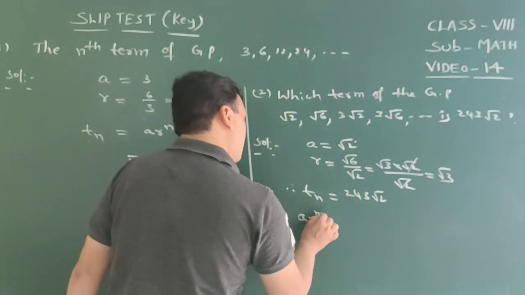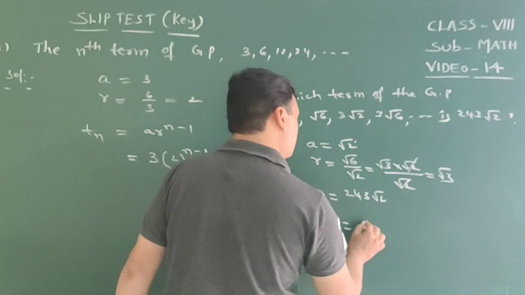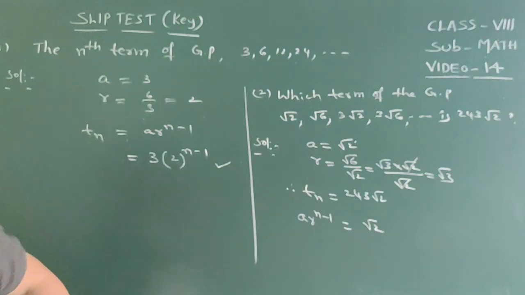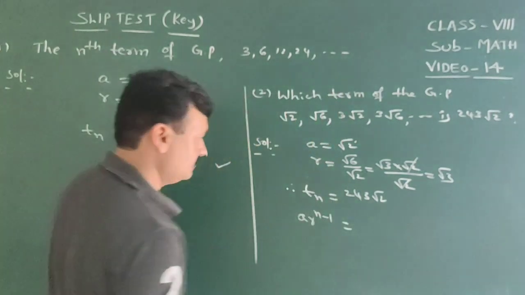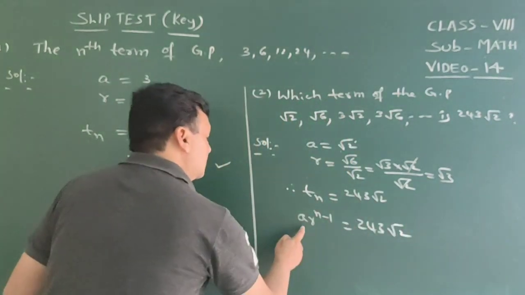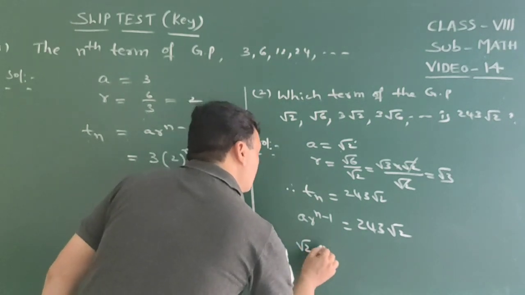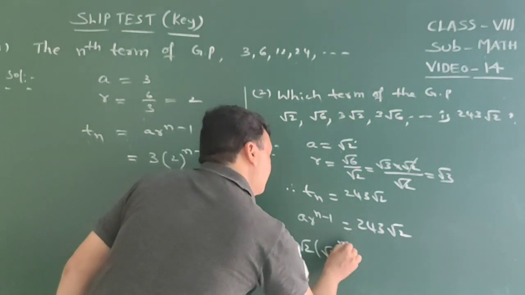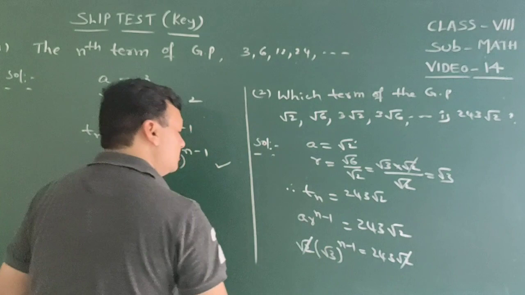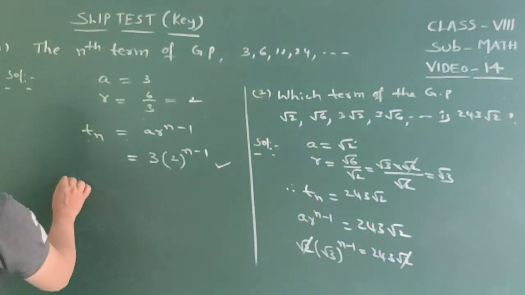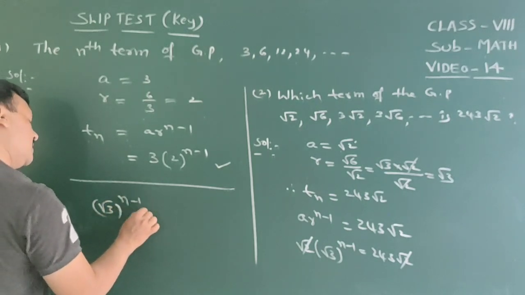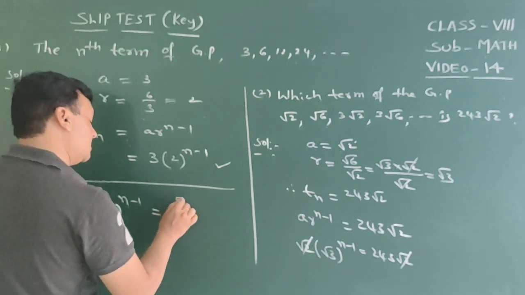Actually Tn means a r power n minus 1. Here a means root 2, r means root 3, power n minus 1 equal to 243 root 2. Here root 2 gets cancelled. Root 3 whole power n minus 1 equal to 243, and 243 means 3 power 5.